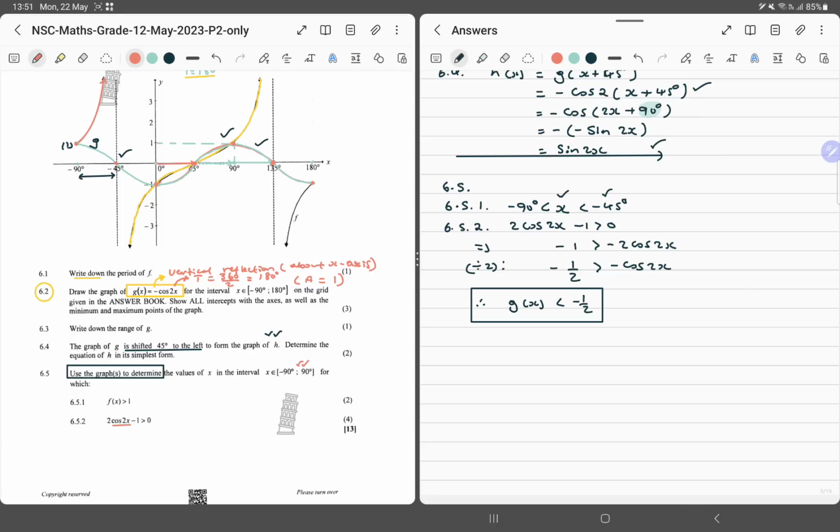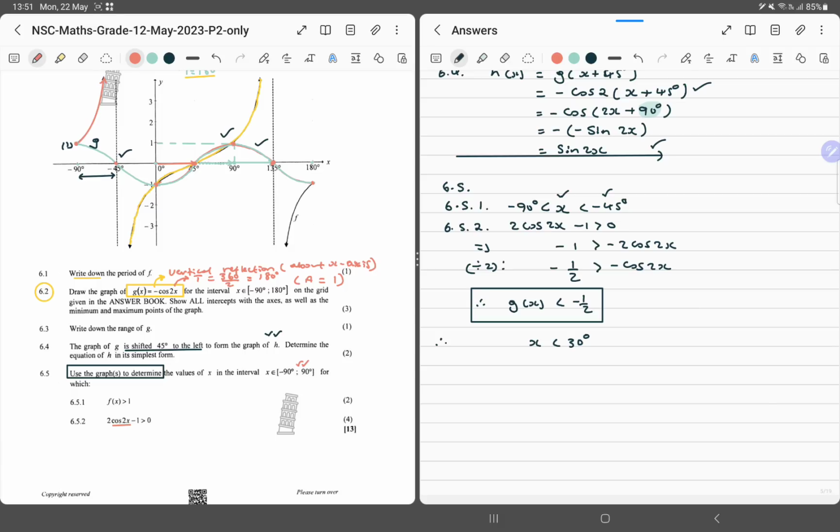So let's see. To answer this question, we can say, okay, all right. Therefore, our x here should be less than 30 degrees, because at 30 degrees this graph is exactly at a minus a half. Then below that, it is at less than minus a half, okay?